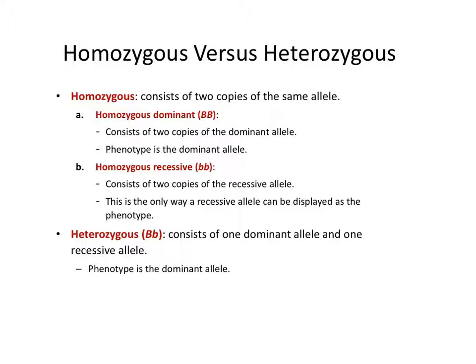So homozygous equals same. And in this case, if large B is dominant and the individual is homozygous, they are big B, big B.